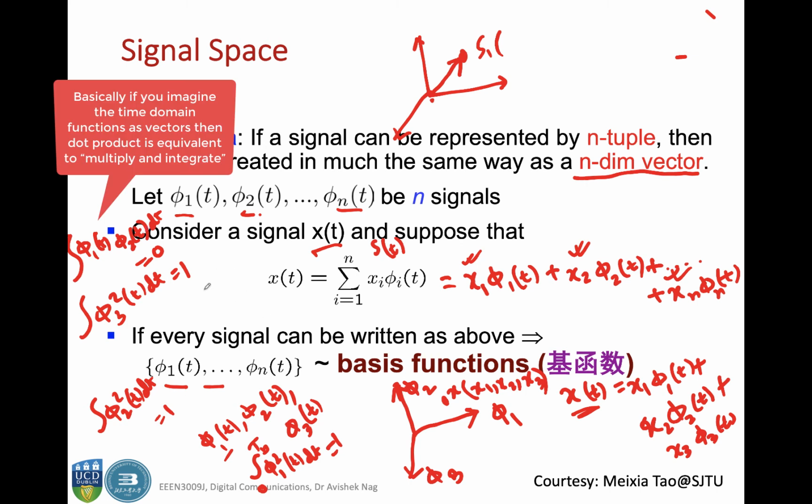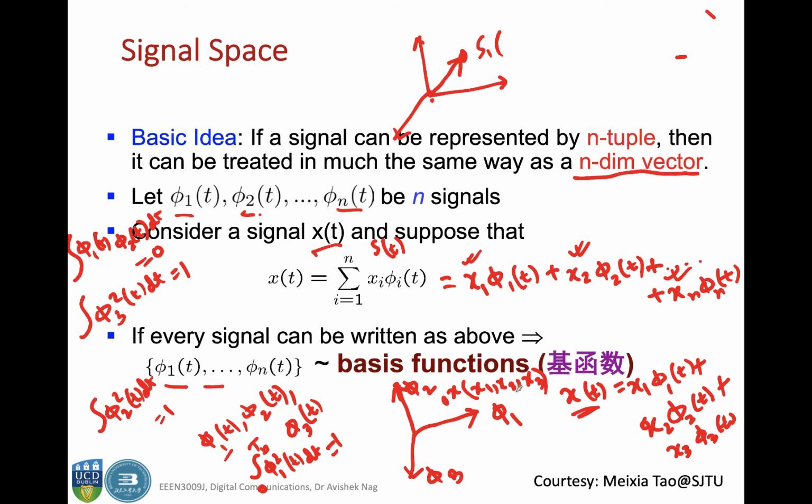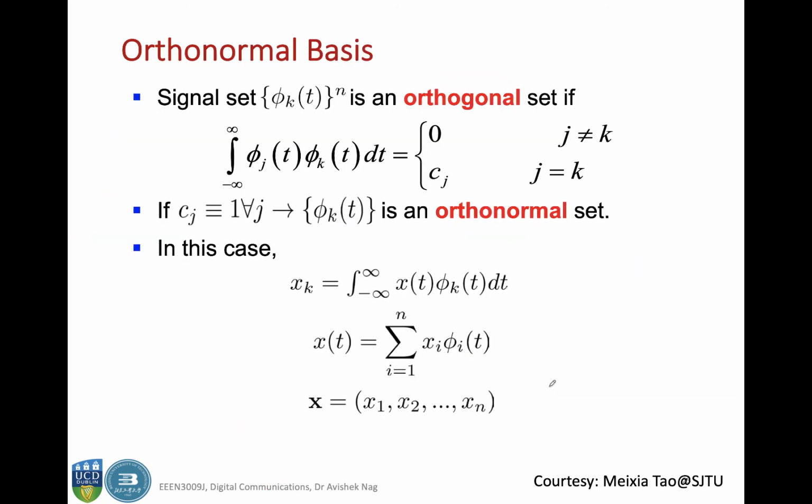So in that case we can think that these time domain signals phi1, phi2, phi3 are three unit vectors that span a three-dimensional vector space where the signal x(t), which is a linear combination of phi1, phi2, phi3, can be represented as a vector with components x1, x2, x3. So this is the whole concept of a signal space.